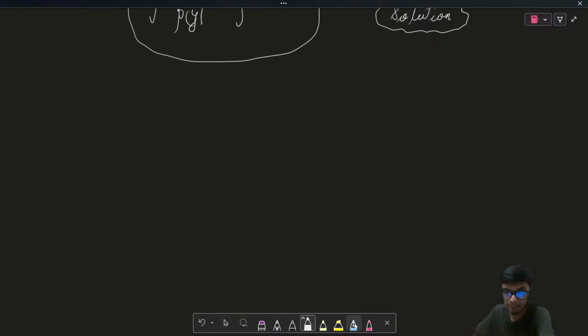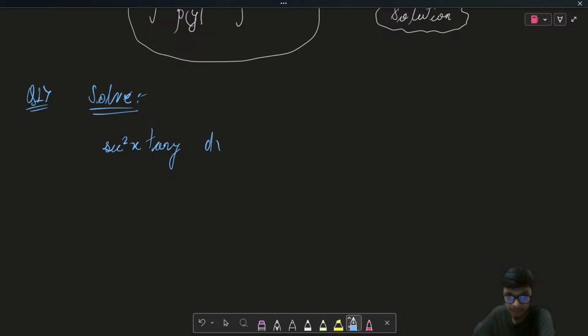The very first question I'm going to start from is, let's say I have to solve the given differential equation as follows: secant square x into tan of y dx plus secant square y into tan of x dy is equal to 0, right?